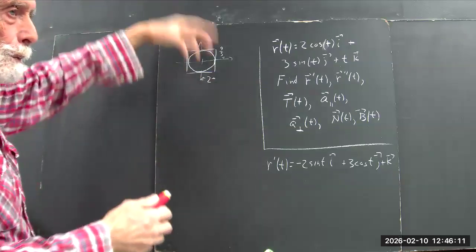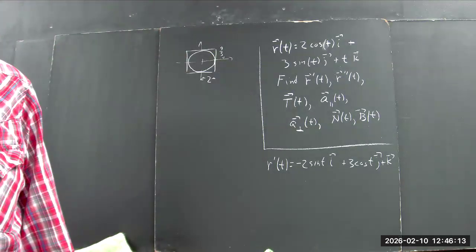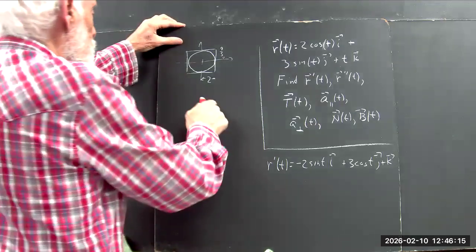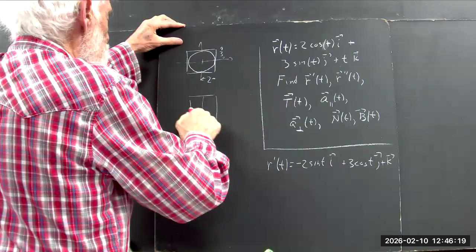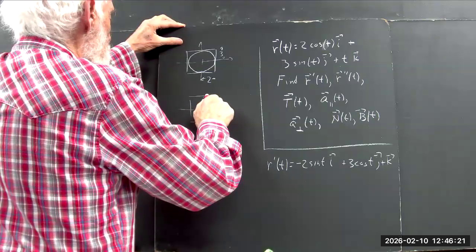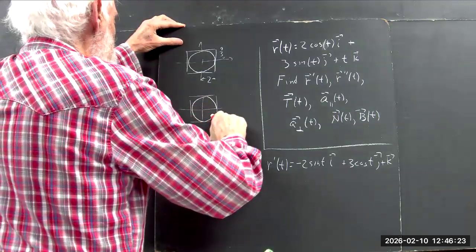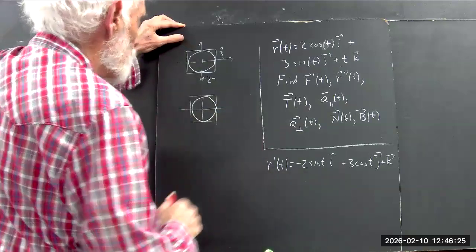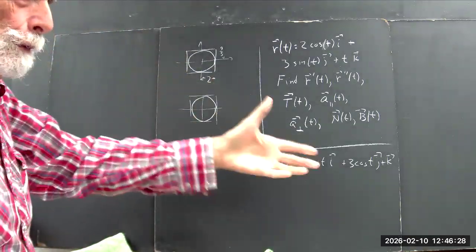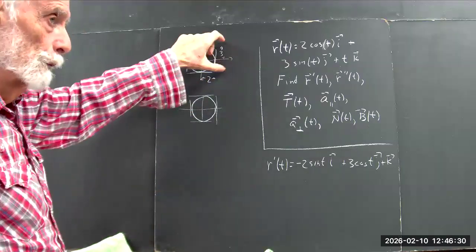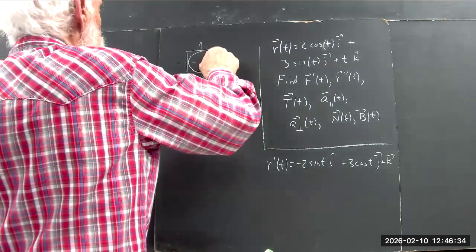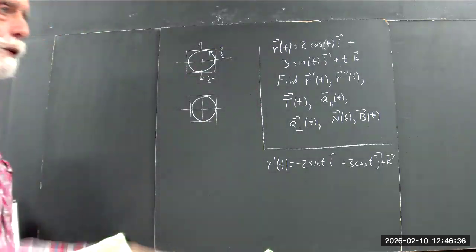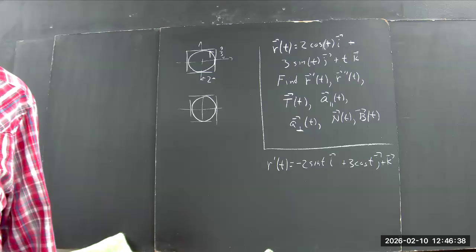If my 3 was right, it would be exaggerated. Still not great. If I was careful with my 2 and my 3, I'd have a good picture of the ellipse. And we're also going around it in the counterclockwise direction. There's an orientation.